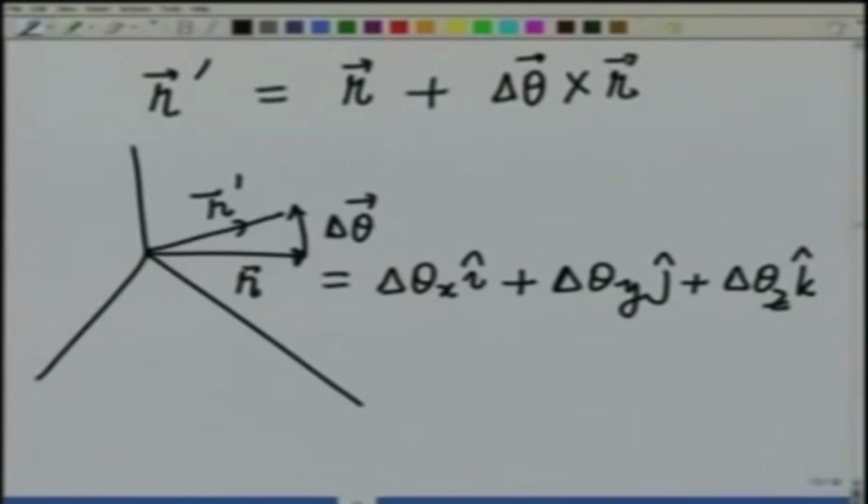Having shown this, let me now show it in a slightly different way. Let us take an axis of rotation in direction n, unit vector direction n.